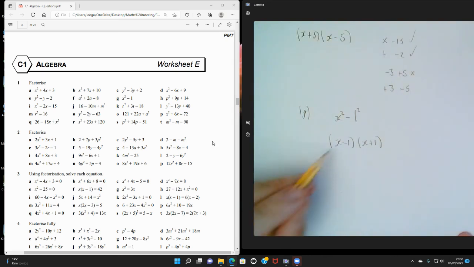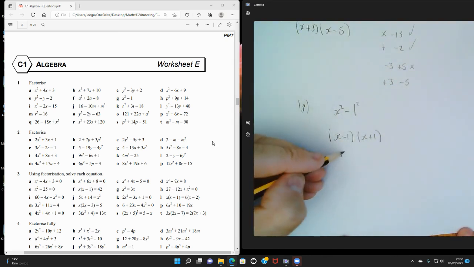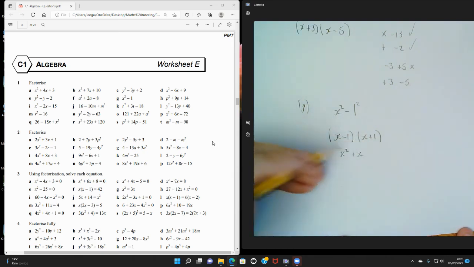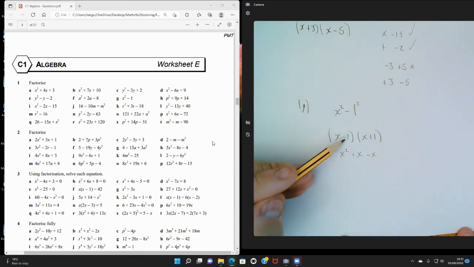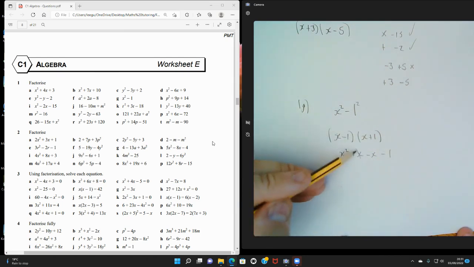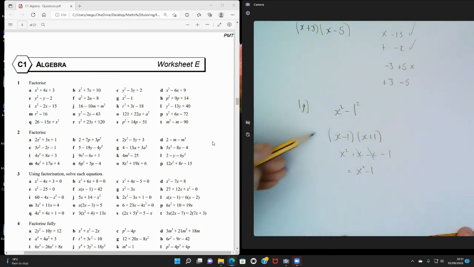Because if I was to re-expand this bracket out now, x times x would be x squared. I would have x times 1 is positive x. I'd have minus 1 times x is minus x. And I'd have minus 1 times plus 1 is minus 1. The positive and the negative x's would cancel out, and I would be left with x squared minus 1. So that is, in fact, the correct factorization.